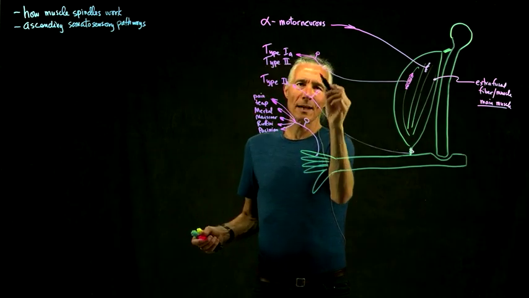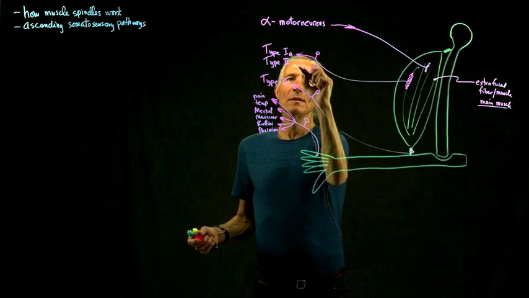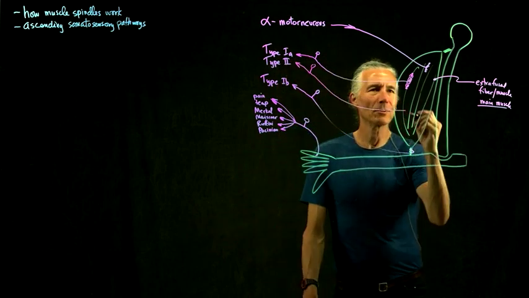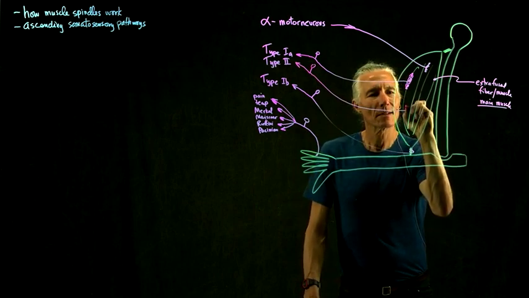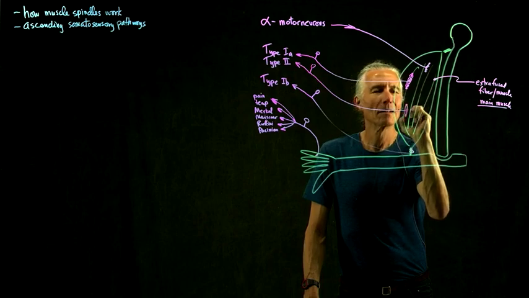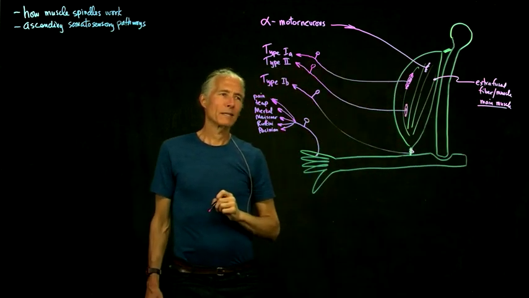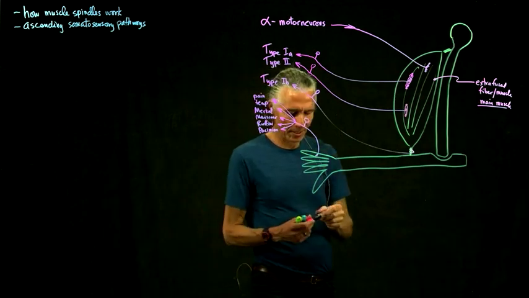And then there's another kind called type 2, and they don't have muscle spindle muscles. So they're just little detectors like that, bolted down, and there's the little squiggle of the axon. So those guys don't have muscles.